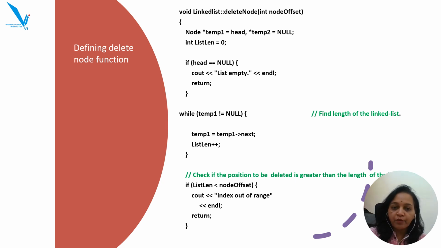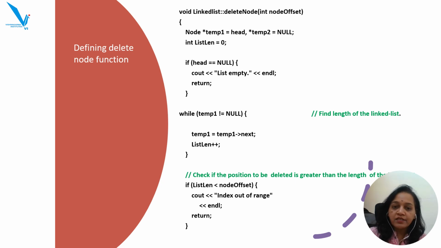Say Node* temp1, I will assign it to head, and Node* temp2 to NULL. Two temporary pointers are required because we need to traverse our list in order to search which node has to be deleted, right? And here one variable I have taken, the length of the list, and initially it is 0. listLength is equal to 0.